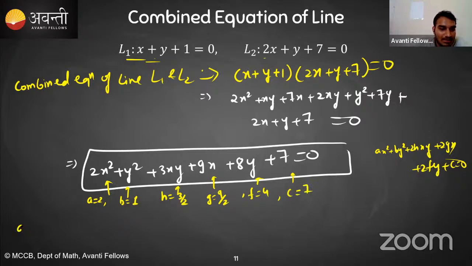Clear? So now calculate delta. Delta is abc plus 2fgh minus af square minus bg square minus ch square.